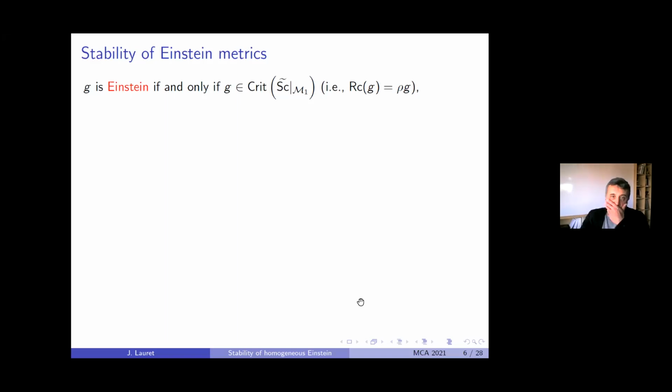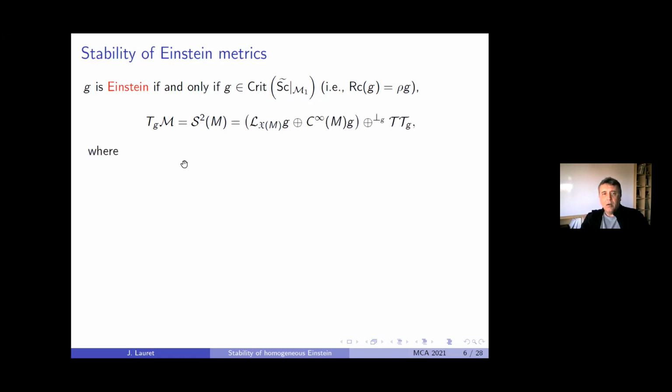Okay, so once you have these critical points, oh, by the way, you can ask whenever you want any question. So then you may ask, what kind of critical point? Can you have local maximum, local minimum?